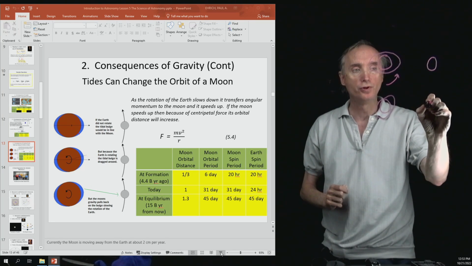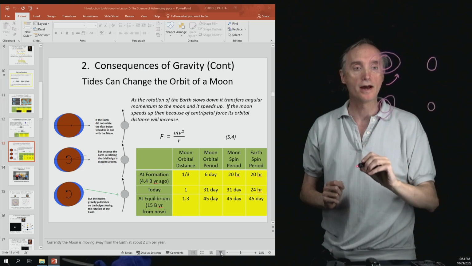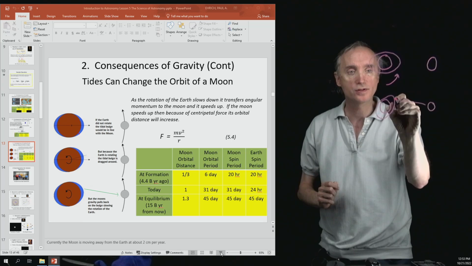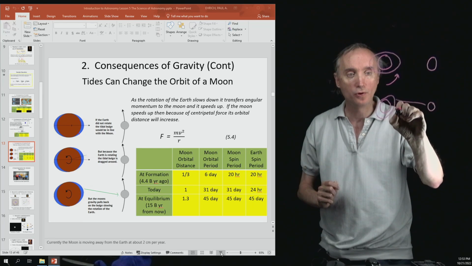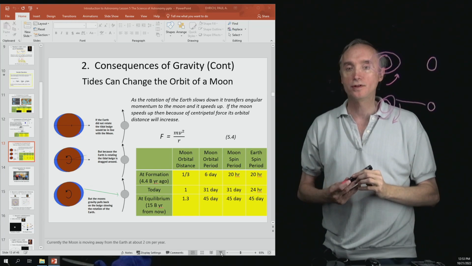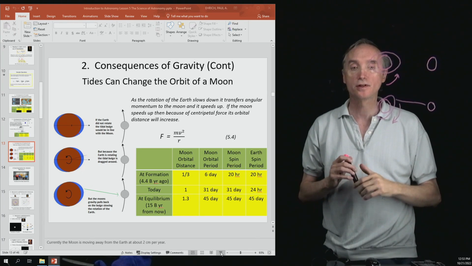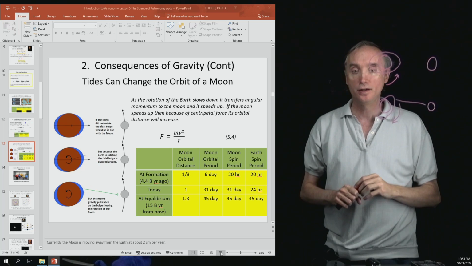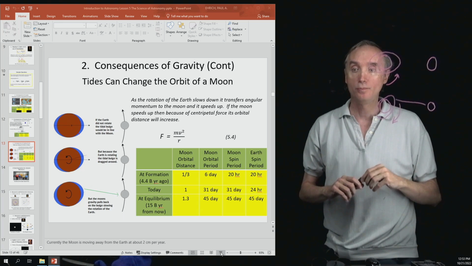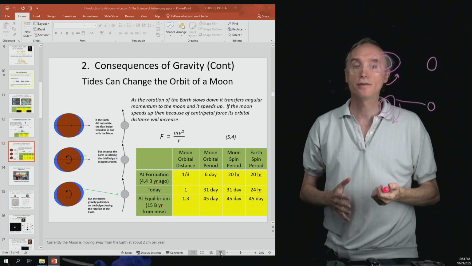Well, the moon over here doesn't like that, so the moon is pulling on these tides, trying to pull it back the opposite way. And so the net effect is that the planet is going to slow down in its rotation rate.